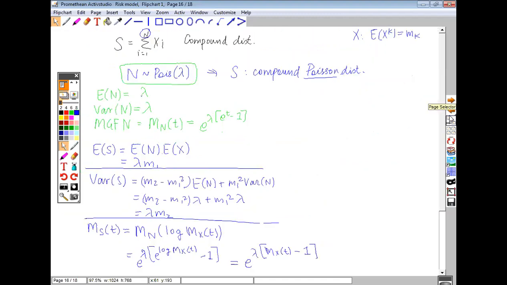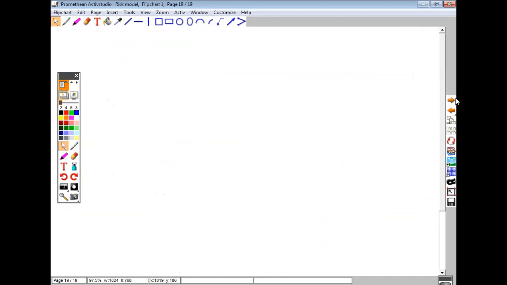Remember, this S is one compound Poisson distribution, and what I will be doing now is a sum of those S's. That is why I call it the sum of compound Poissons.